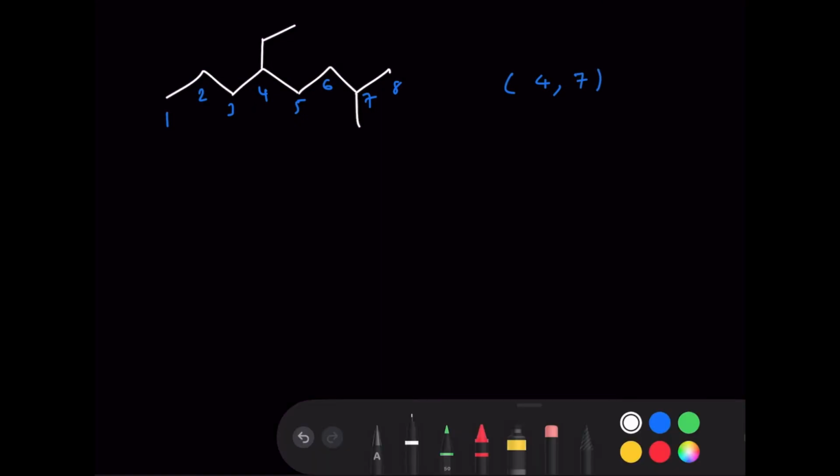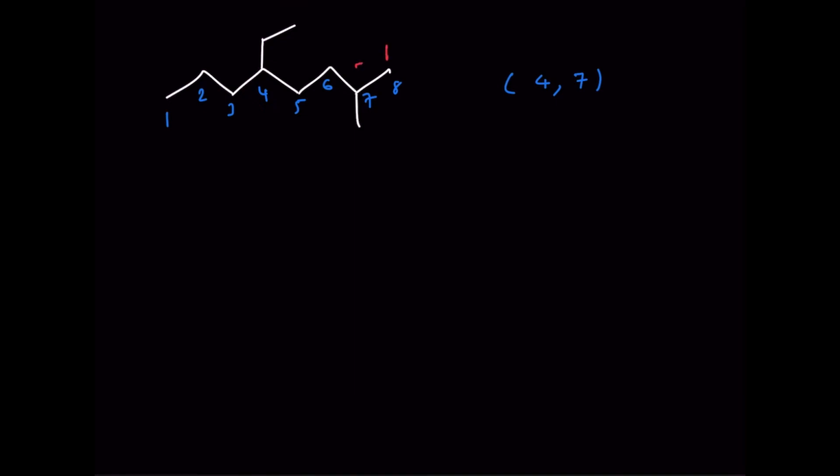What would happen if we number it right to left for the same molecule? 1, 2, 3, 4, 5, 6, 7, 8. If we number it right to left, then the substituents are at 2 and 5 position. Thus, that gives the lowest numbers for the substituents, and therefore right to left numbering is correct for this structure. So at 2 position we have a methyl group, and at 5 position we have an ethyl group.